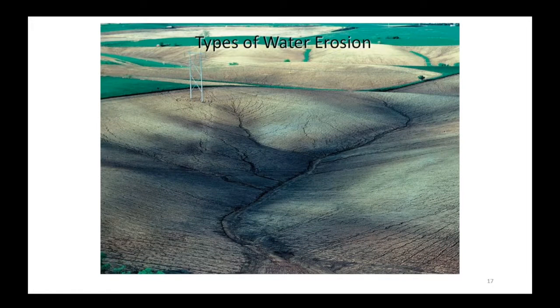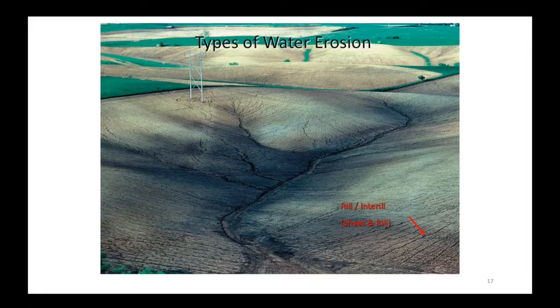Types of water erosion, I think I kind of alluded to. We have sheet and rill, okay? And just as a side note, most of our soils in Wisconsin, the crop productivity index, which is the T factor for that map unit, ranges between 2 and 5, okay? 2 and 5.